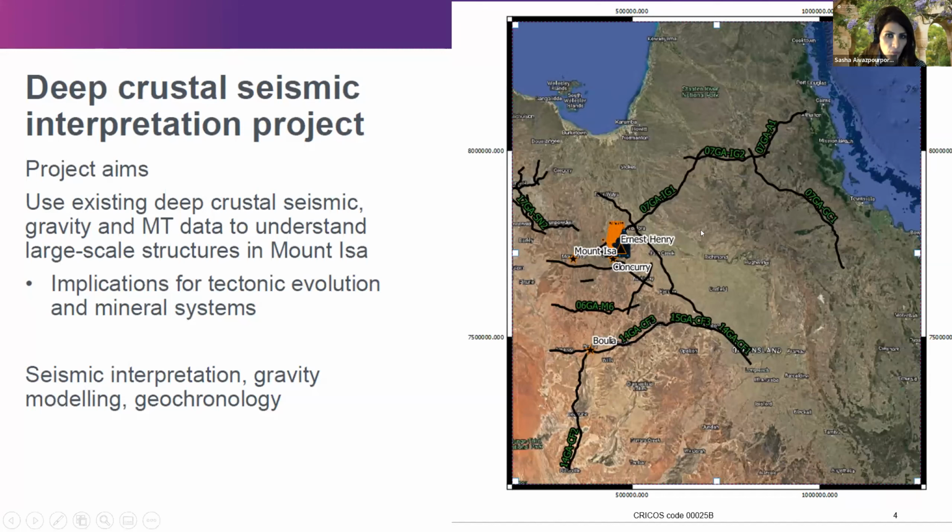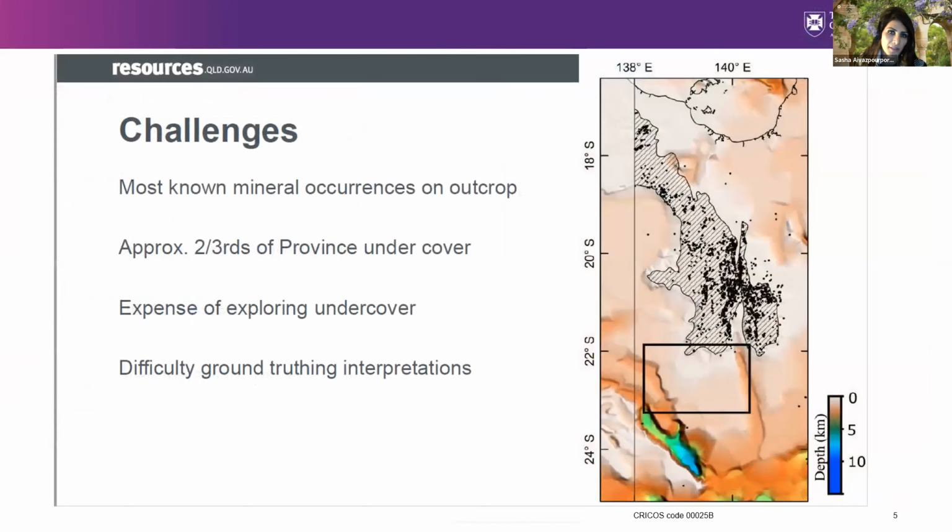There has been a lot of work on this using MT and gravity, and I guess the reason for it is kind of clear. Some of these slides are from Janelle's work. I like this one because it shows that we have a lot of cover in the Mount Isa area.